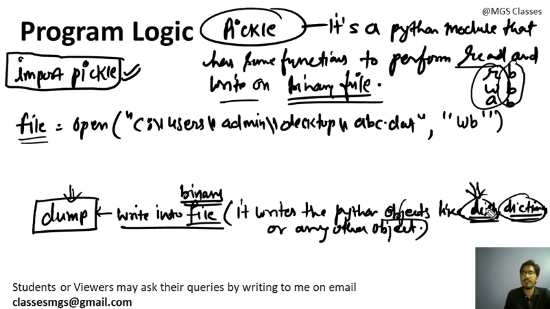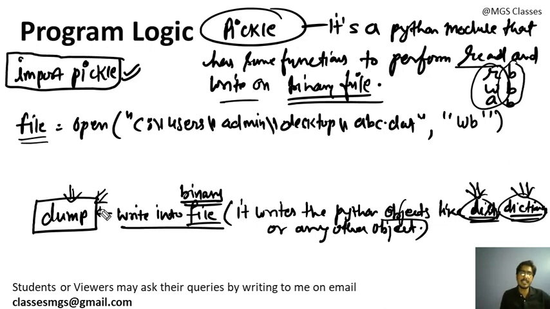In our program, we are going to write the list and dictionary because we have created the list of students. We will directly write it into the binary file, and in some other program we will directly read this binary file and read this Python list object, and then the logic we have already understood.